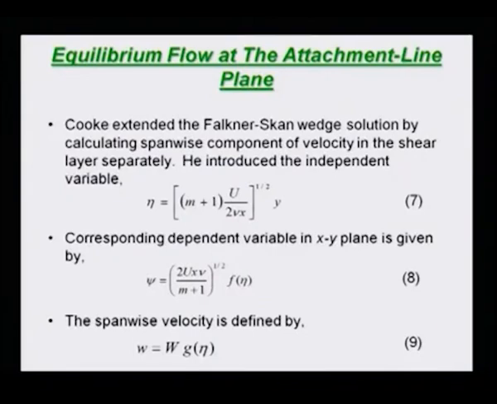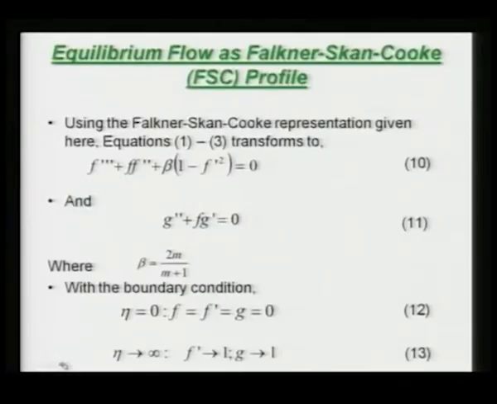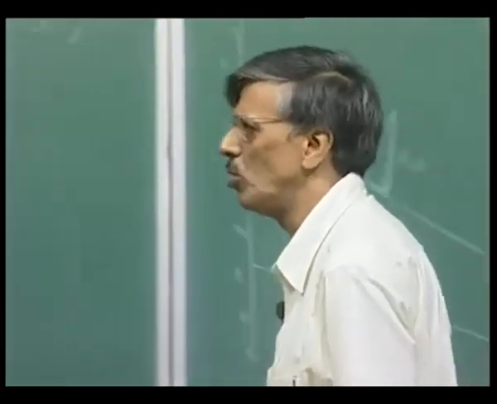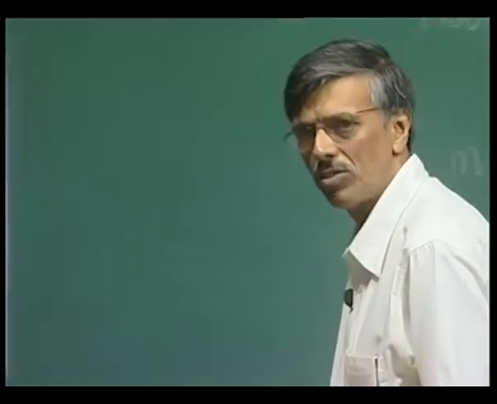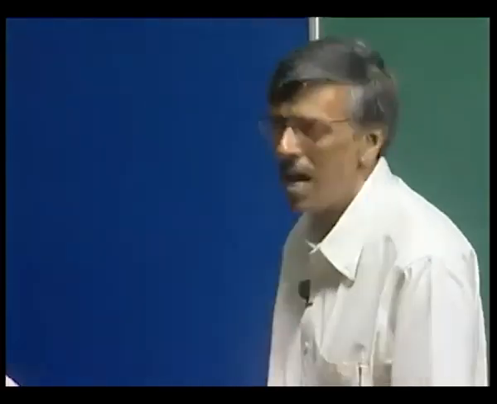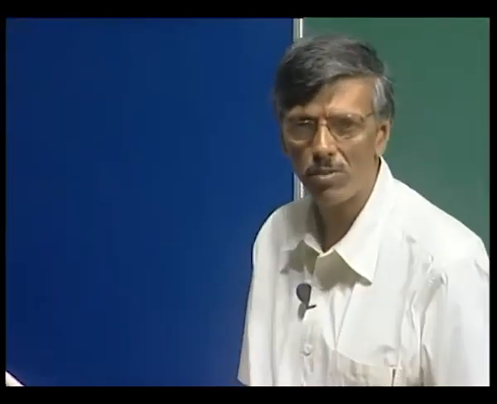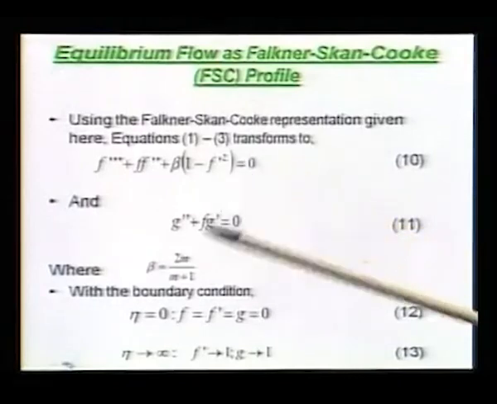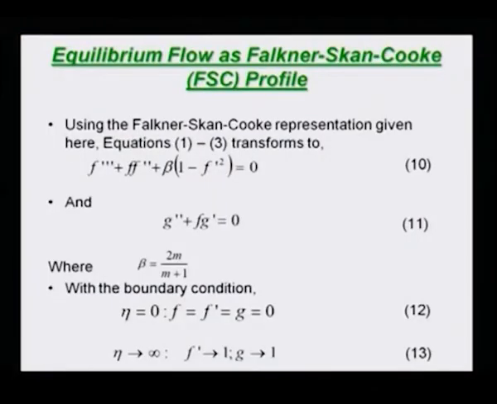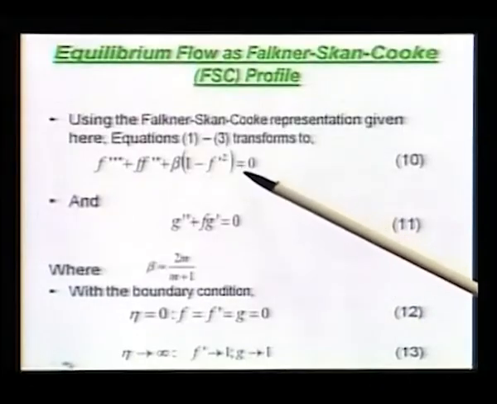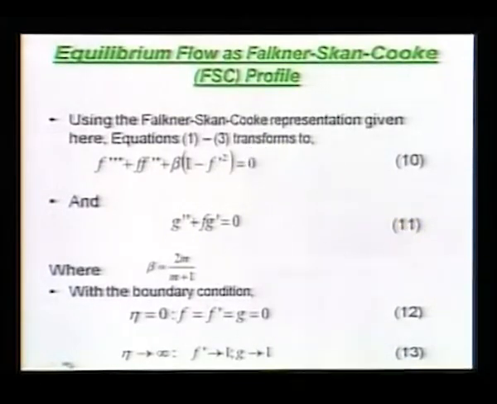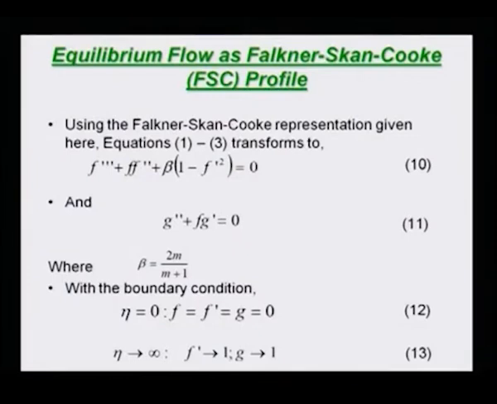So, this is how we would go about describing the flow in terms of 2 new dependent variables. You substitute those 2 definitions of psi, f and g, and plug them in the governing equation that we have just now seen. What you would find is that the x momentum equation will yield this first equation, and this is something you have already seen.